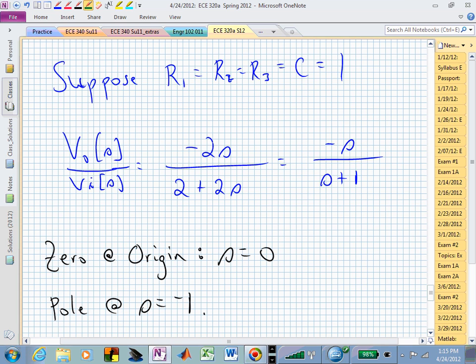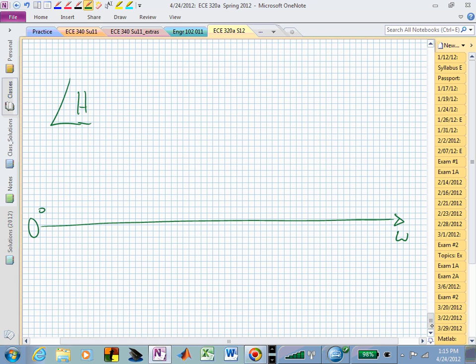What does that tell me? What's the -1 look like in the phase? The -1 did not impact my magnitude at all, did it? Because I'm just throwing it away when I do the magnitude of the numerator. But in the phase plot, where does that occur?